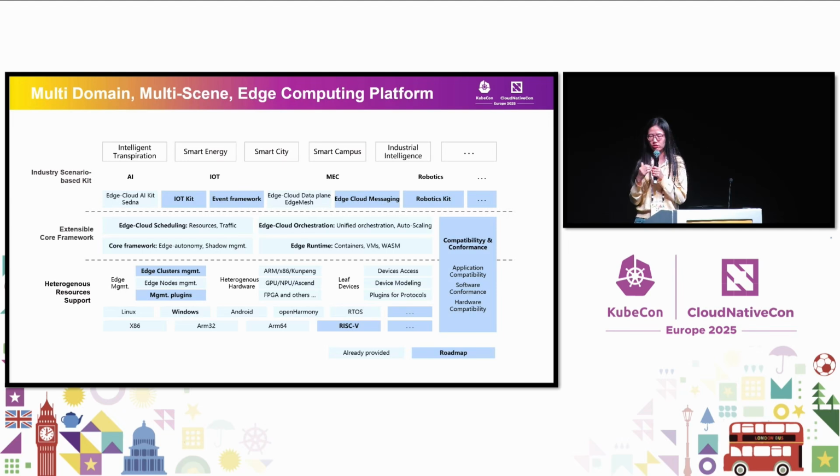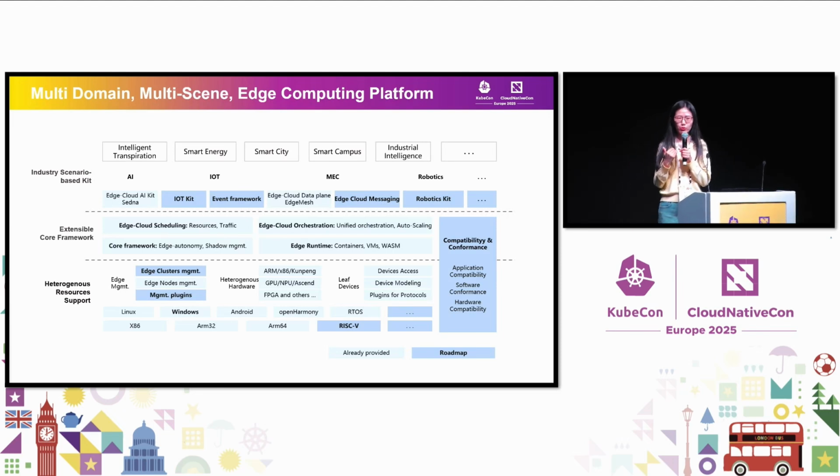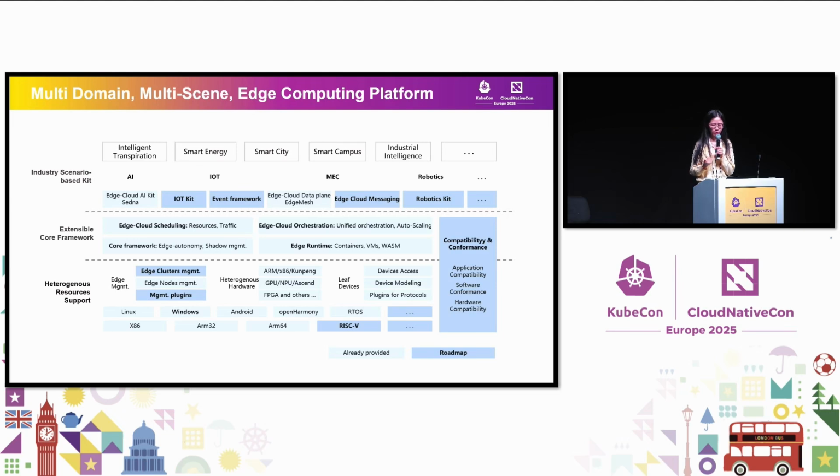So we released several SIGs and working groups, including SIG AI, SIG Device IoT, and the MEC working group. And on the southbound side, we hope we can support more hardware, more operating systems, and more devices with various protocols. We also provide hardware compatibility testing and certification.